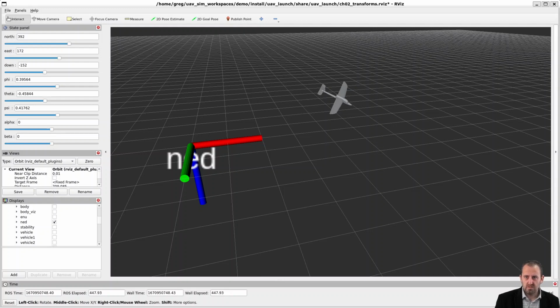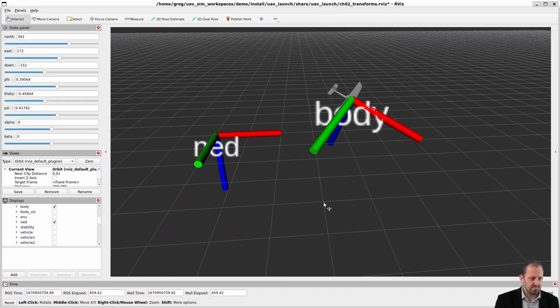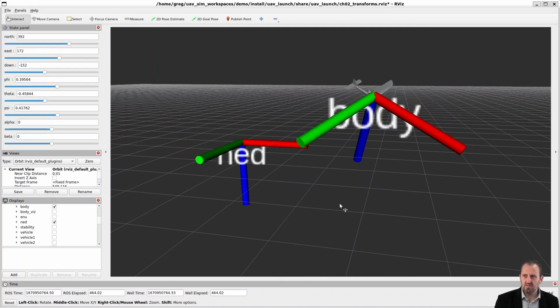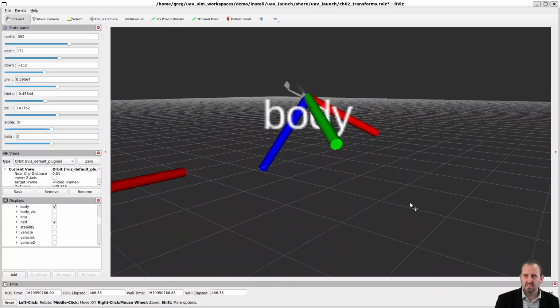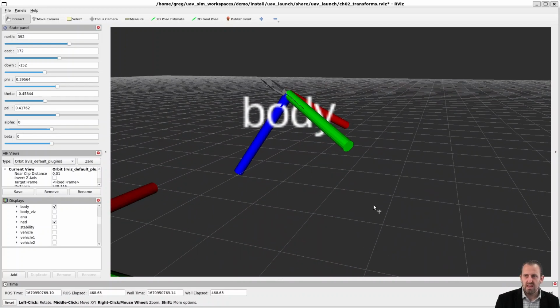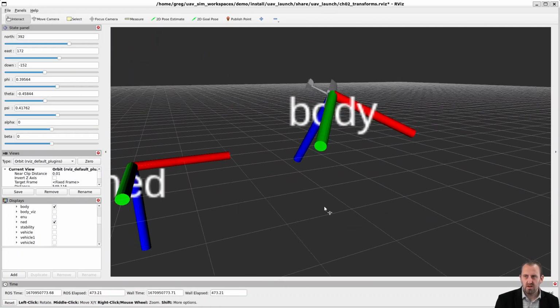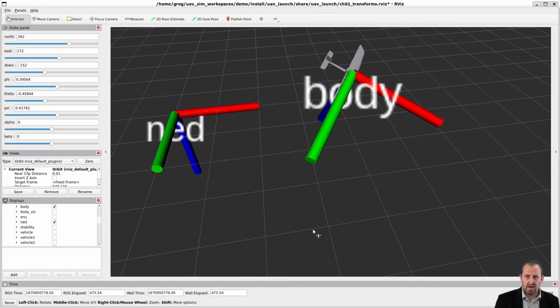And what we want to do is define a reference frame, the body frame, where the x-axis is pointing out the nose of the aircraft, the y-axis is pointing out the right wing, and the z-axis is pointing out the belly of the aircraft. So we're going to do that by transforming between 4 different coordinate frames.